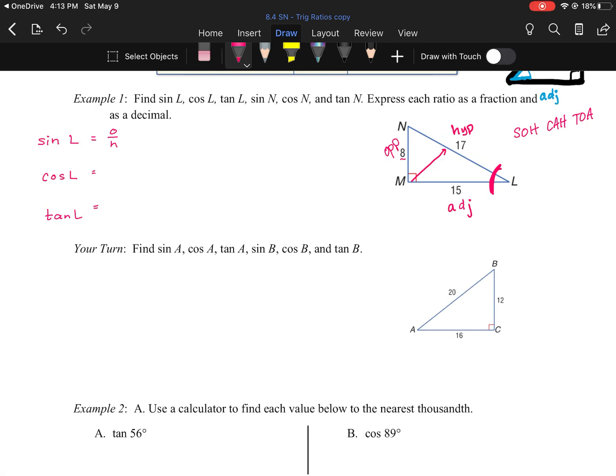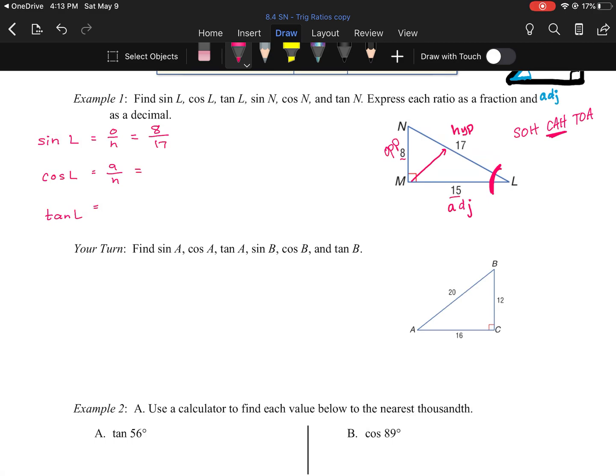So now that we have all of our sides labeled, we can find all these ratios actually very quickly. Sine is opposite over hypotenuse. So that leaves me with 8 over 17. Cosine, that's the CAH part, so that's adjacent over hypotenuse.